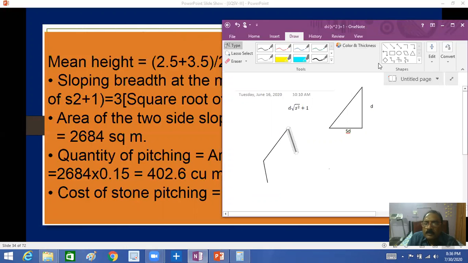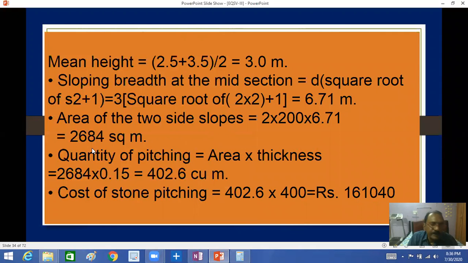We have to calculate this. How? If you know the slope length into length, in the same way we calculate. The same way we calculated here and got the total quantity of pitching, and this quantity into the rate gives the total cost of the stone pitching.